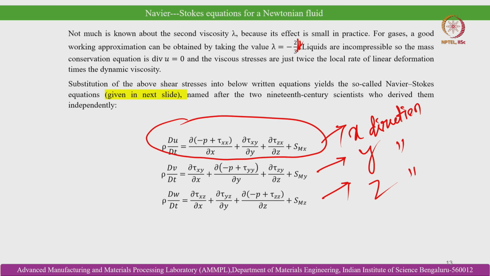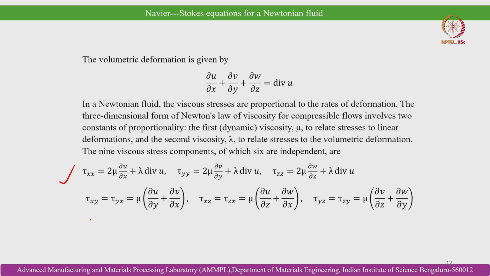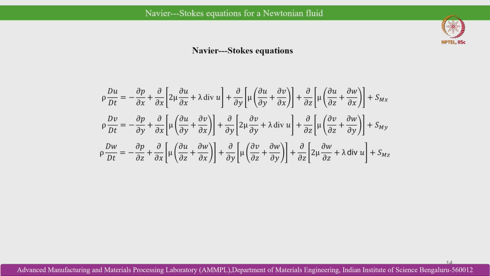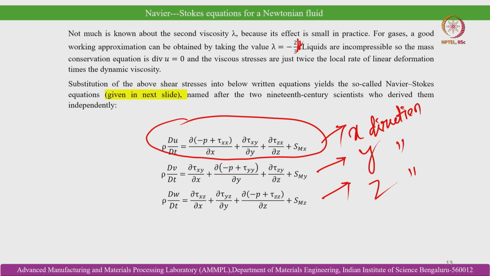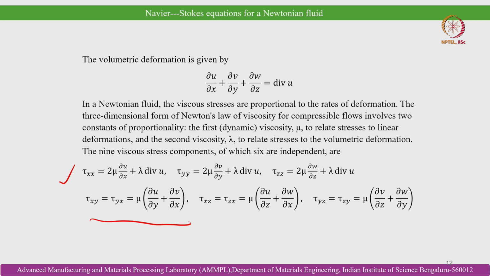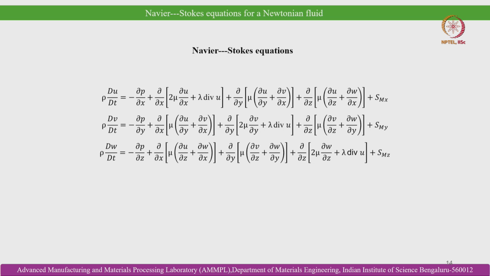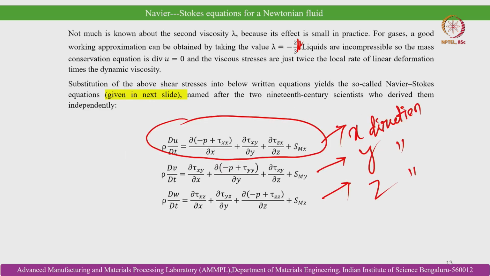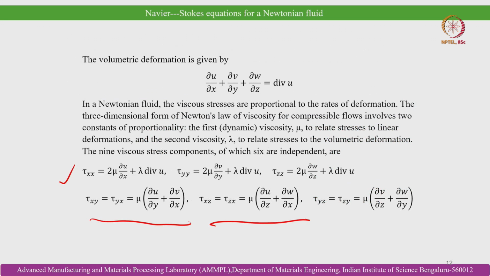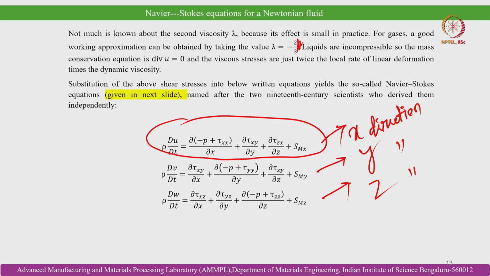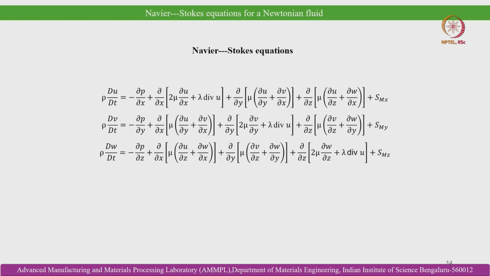Similarly, plus ∂/∂y of tau xy, where tau xy is equal to mu (∂u/∂y + ∂v/∂x), as expressed here. And similarly, plus ∂/∂z of tau zx, where tau zx is equal to mu (∂u/∂z + ∂w/∂x), plus the source term in the x direction.